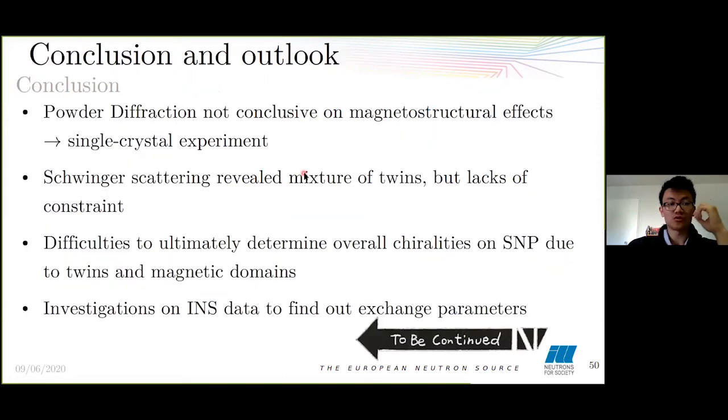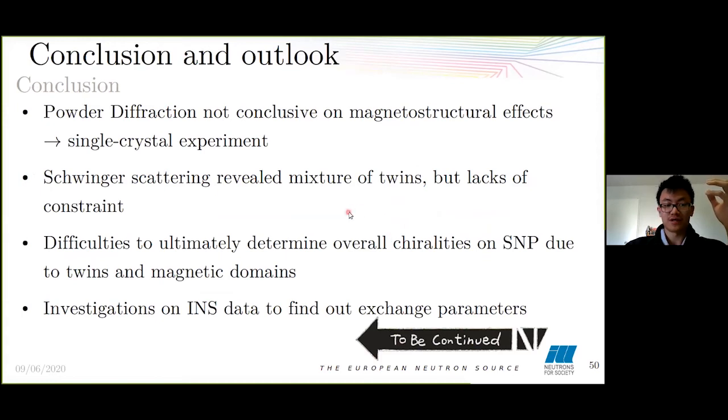So as a global conclusion, the powder diffraction was not conclusive to study the magnetostructural effects. So we need a single crystal experiment. Then our Schwinger scattering data revealed the mixture of structural twins, but we lack constraints to have a more precise determination of the populations.